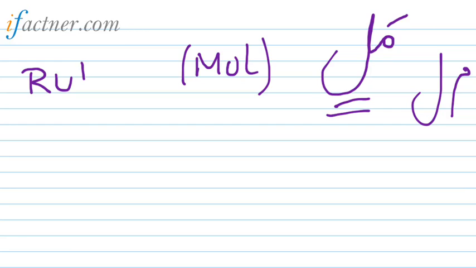And if we use zabar on this, mim zabar lam, mal, then it means to rub. You see, there's a difference between mil and mal. Then there is a word with mim and noon.